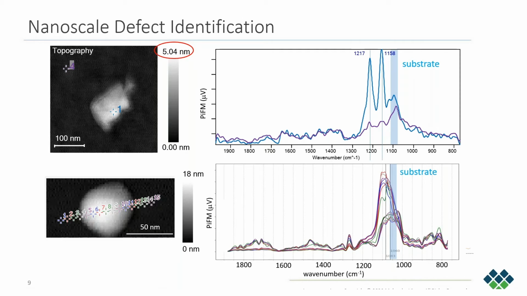But the little 20 nanometer particle has a signature more associated with crystalline silicon dioxide. So we can probably say it's a silica particle being observed on a silicon substrate. As you can see, you can do very good analysis of very small defects, both organic and inorganic materials, with PIFM.